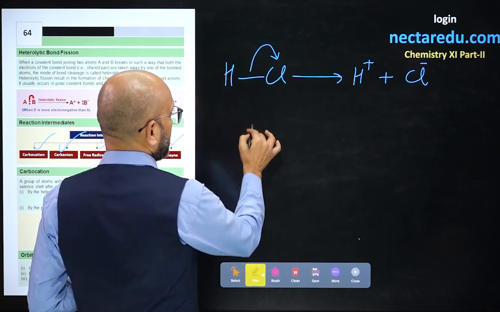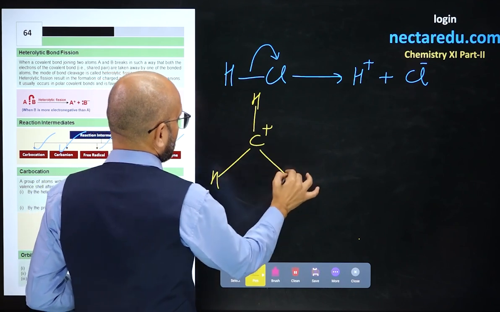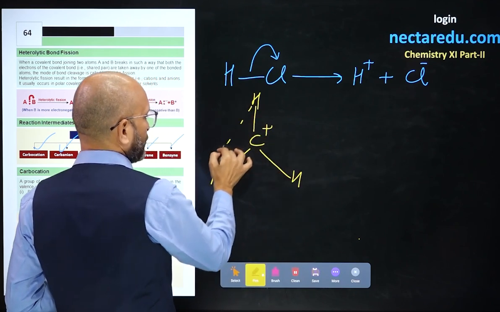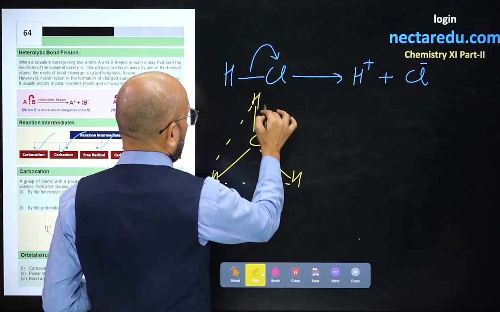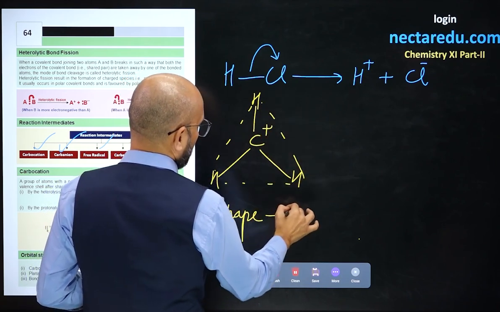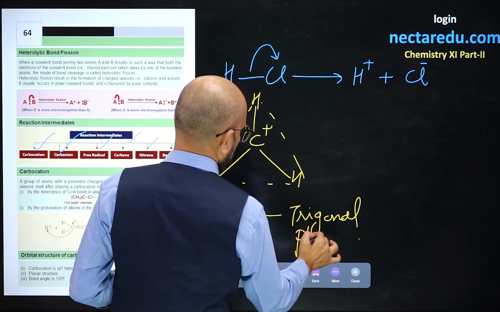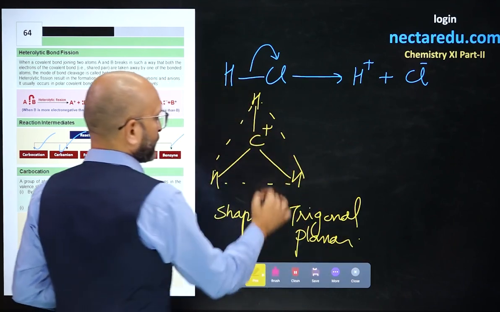Here, what does a carbocation intermediate look like? A carbocation has sp2 hybridization, such as this. So the shape of a carbocation is trigonal planar, and you can see here there are a total of 3 bonds.